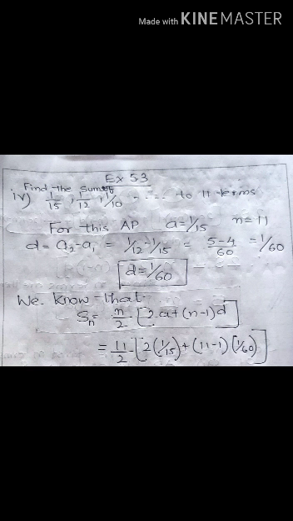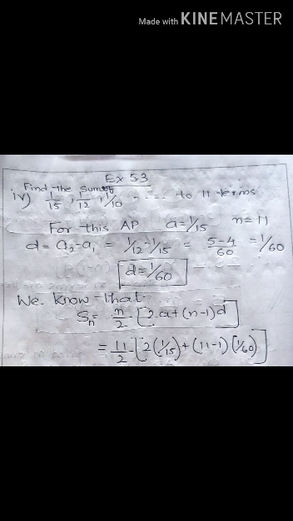Now our formula for Sn is n by 2 (2a plus (n minus 1)d). a we got as 1 by 15, n is 11, d equals 1 by 60. Replacing, Sn equals 11 by 2 bracket 2 times 1 by 15 plus (11 minus 1) times 1 by 60.